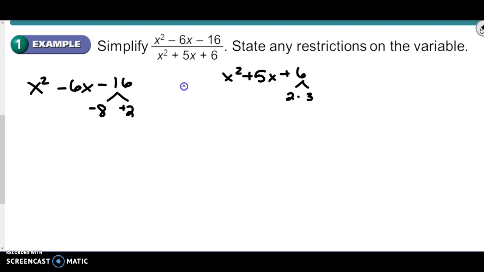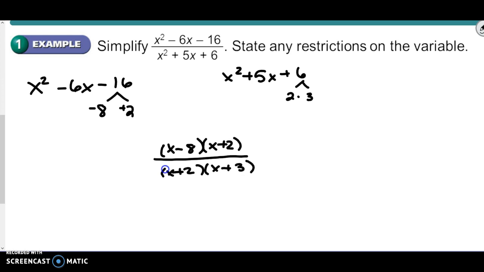Alright, so now writing the rational function as factored expressions in the numerator and the denominator. In the numerator, we have x minus 8 and x plus 2. And in the denominator, you're going to have x plus 2 and x plus 3.